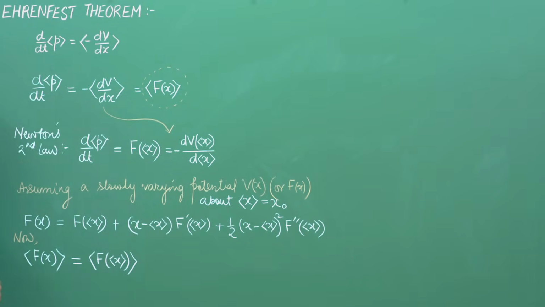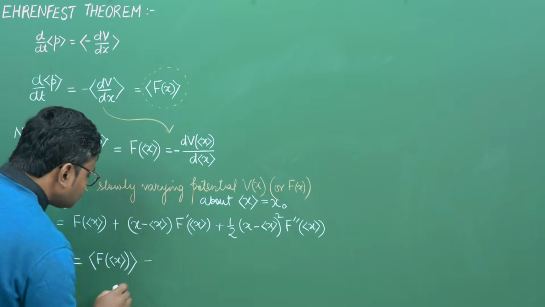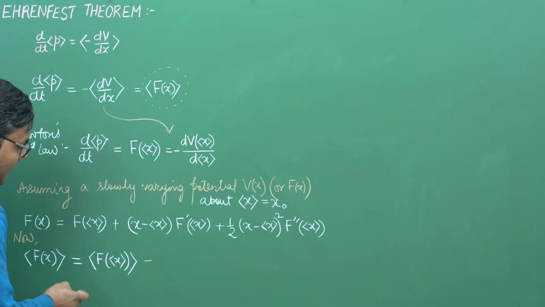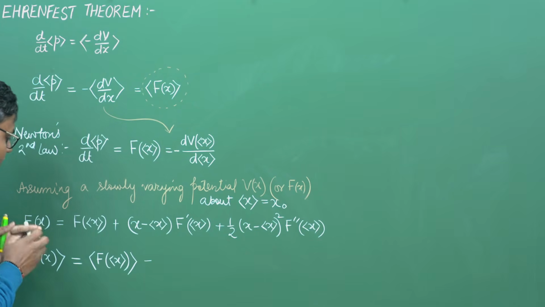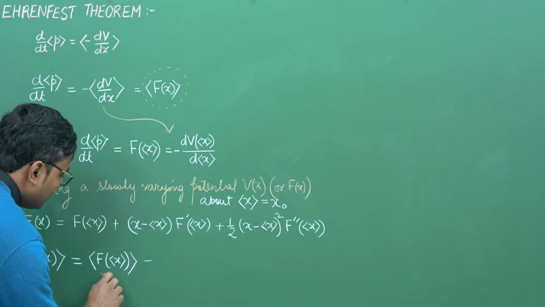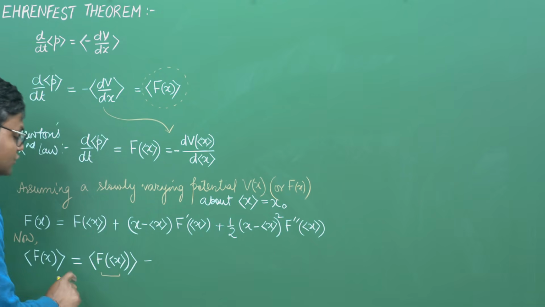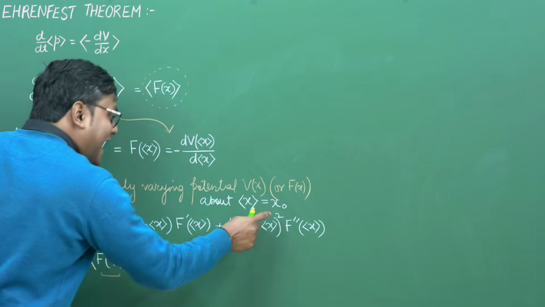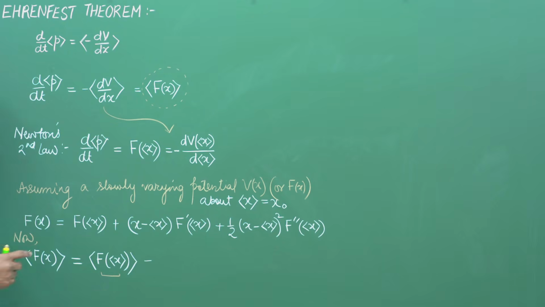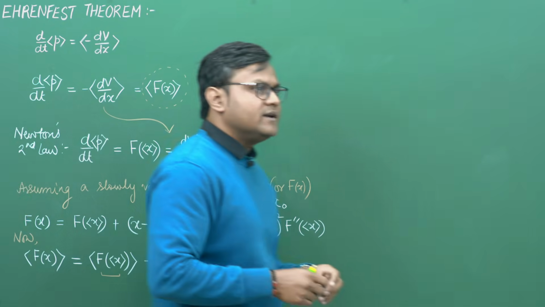Now keep in mind, what is this term? This term is nothing but the force experienced by the particle at x naught, as opposed to this term, which is the average of all the forces experienced by the particle at various locations.